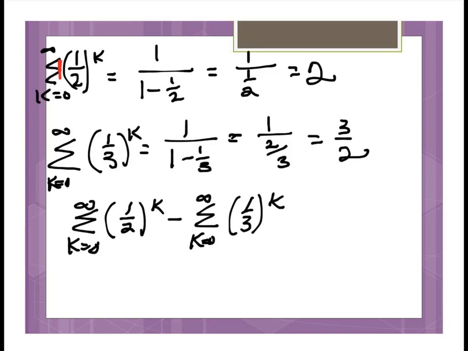Agreed? So what am I going to do now? Subtract the 3/2 from the number 2, which gives me a grand total of 1/2. So we've broken down a summation into individual pieces, and we applied the geometric series to those individual pieces.